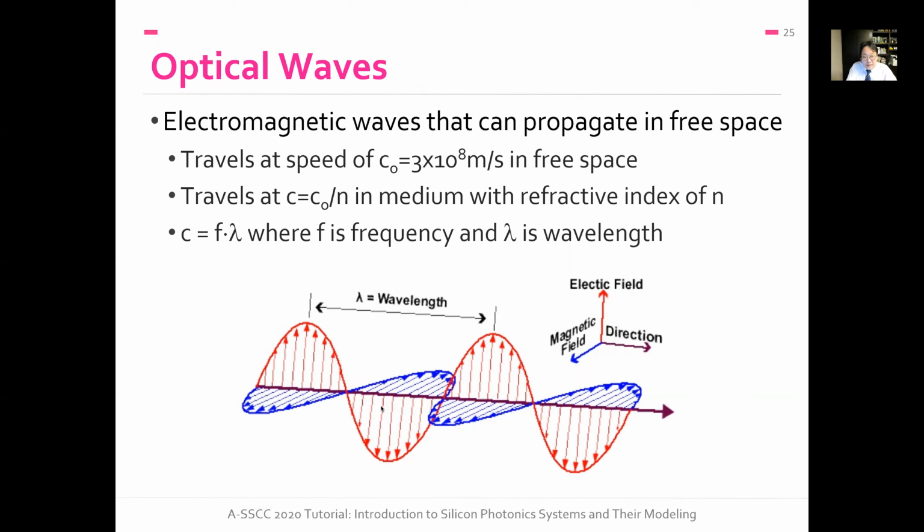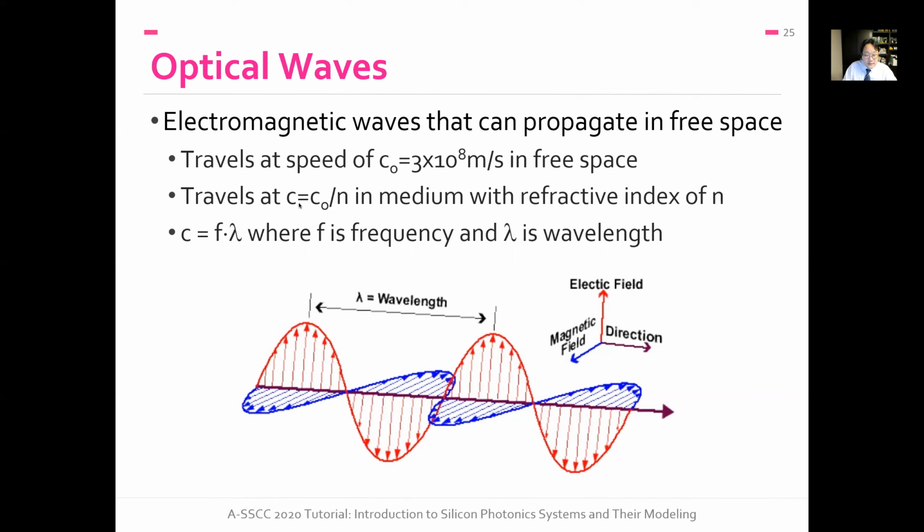Of course, the speed changes as the light travels through a different medium than the free space. And typically, it slows down. And the factor that it slows down is commonly referred to as refraction index.